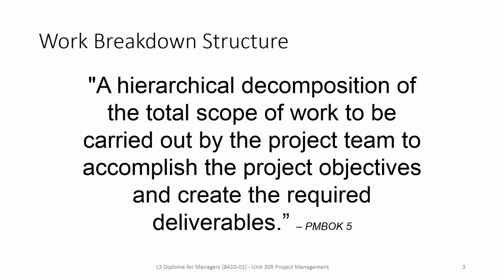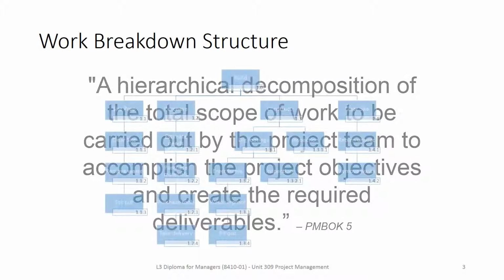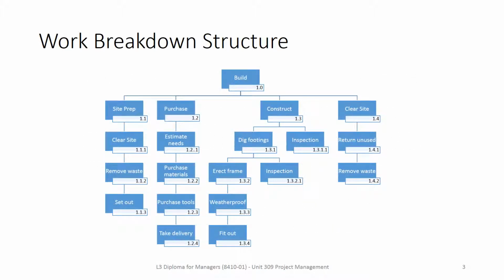And if that sounds confusing, maybe this visual here of a building project helps, like an organizational chart of everything that needs to happen. As in an organizational chart, it's hierarchical as to what needs to happen where, and as you can see in this example, things have been numbered as well.